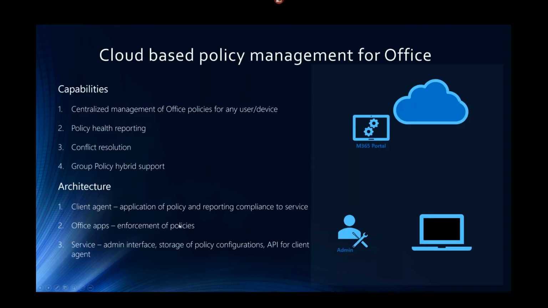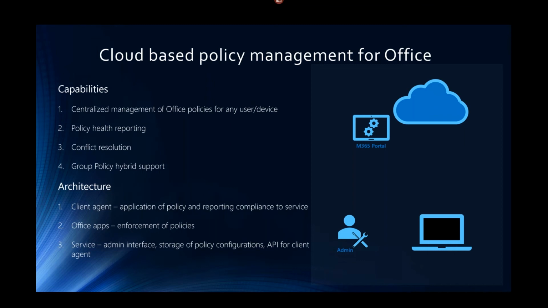In general, this is kind of the infrastructure setup. It is a centralized management console for Office policies for any user on any device. It provides some policy health reporting. You're able to resolve conflicts in the policies. So, for example, if you have different policies applied to different groups and the user is a member of different groups and there are conflicting policies, it'll give you an alert on that type of thing and allow you to resolve them.